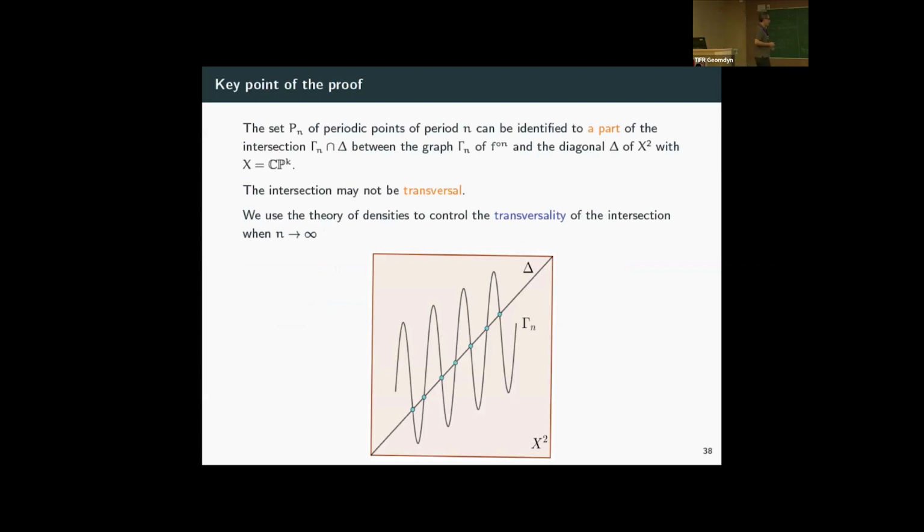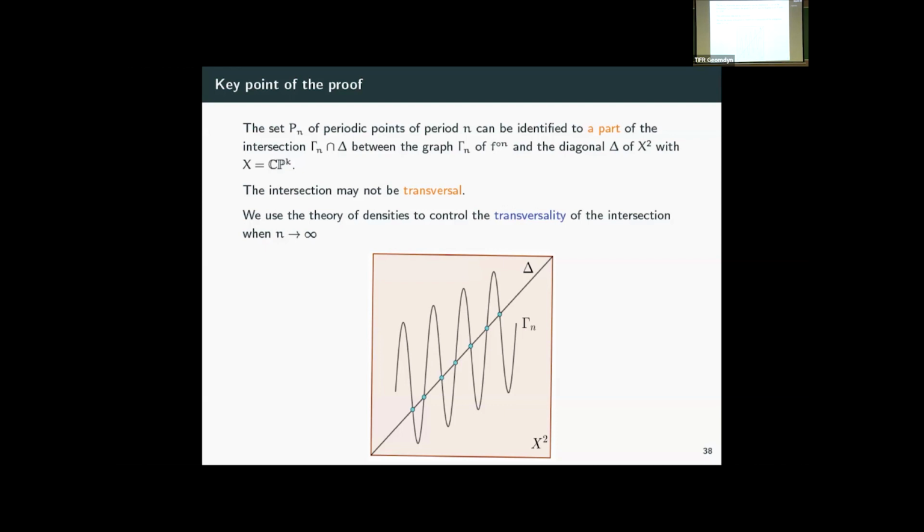We can identify the periodic points as the intersection of the graph of F^n, gamma n, with the diagonal. And then basically the graph will converge. You normalize this in a good way, then the graph gamma n, when n goes to infinity, has a good limit.